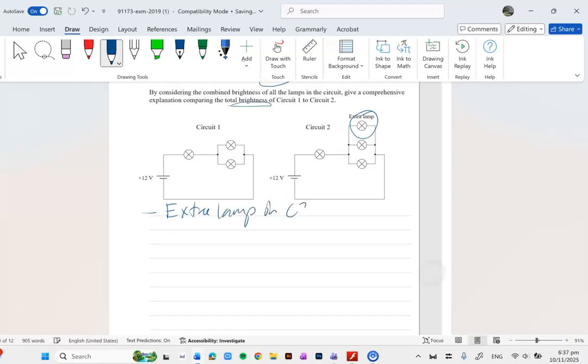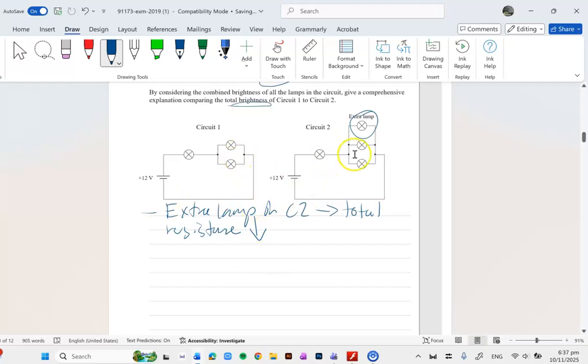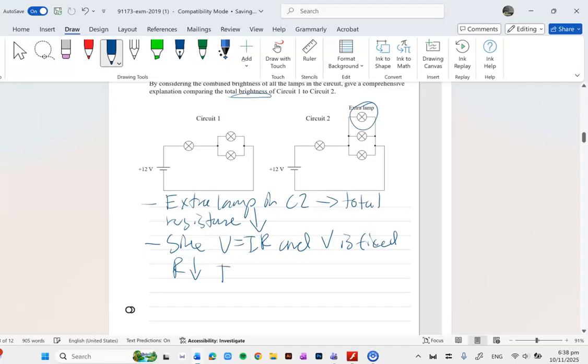The extra lamp in C2 means total resistance is going to decrease, because in parallel, if you add bulbs, the total resistance decreases. If you take away lamps or bulbs, the total resistance increases. Since V equals IR and the voltage supply of 12 is fixed, if R goes down, then I has to go up.